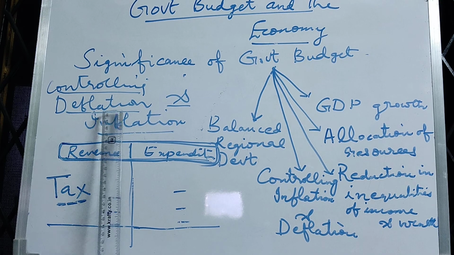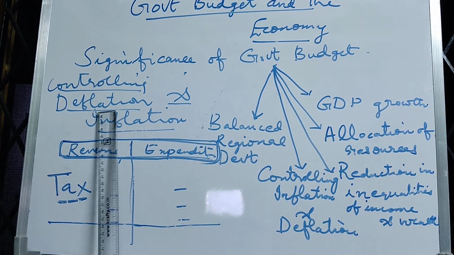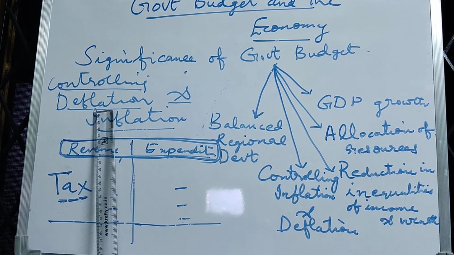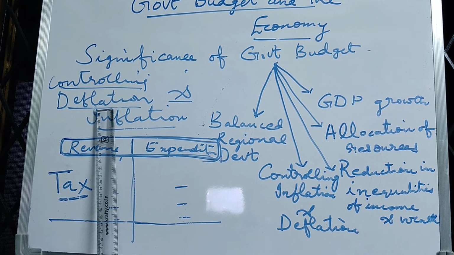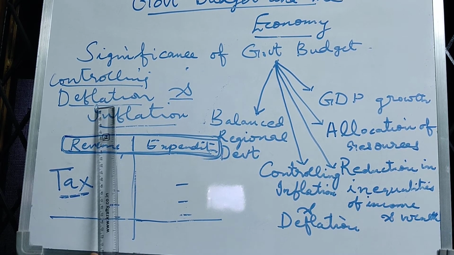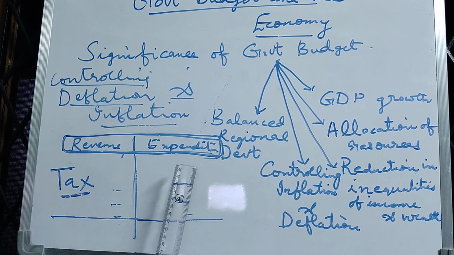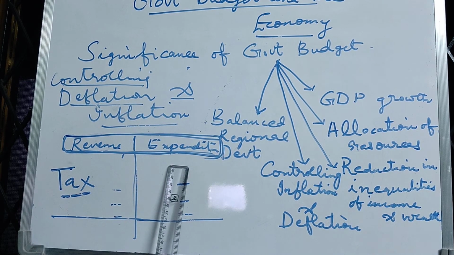On the other hand, deflation: money supply is less, people are not having money, and that's the reason the demand for goods is less. So more money has to be pumped into the economy. For that, the government starts spending more.